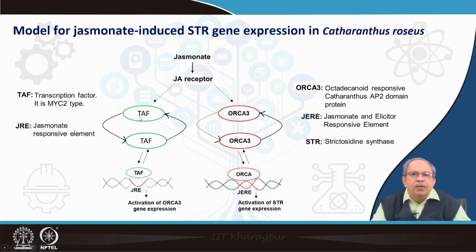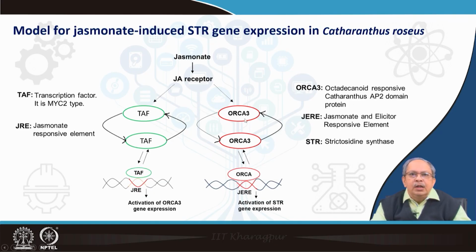There is a transcription factor which gets activated, and once it is activated, that in turn activates another transcription factor called ORCA3, which is specific for indole alkaloid production, octadecanoid responsive Catharanthus AP2 domain.